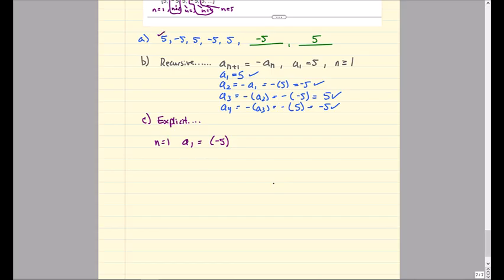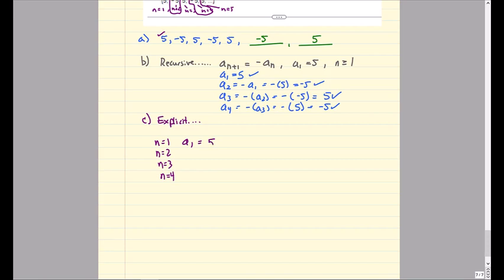I want to get a positive 5 out of this, so I would have to raise that to, this is really complicated because as n increases, n equal 2, n equal 3, etc., my power can't increase. Because if my power increases, then I'll get 5 squared, 5 cubed, 5 to the 4th. So I'm going to rethink this. I don't think this will work. I can't raise the 5 to a power. I can only raise the negative to a power.